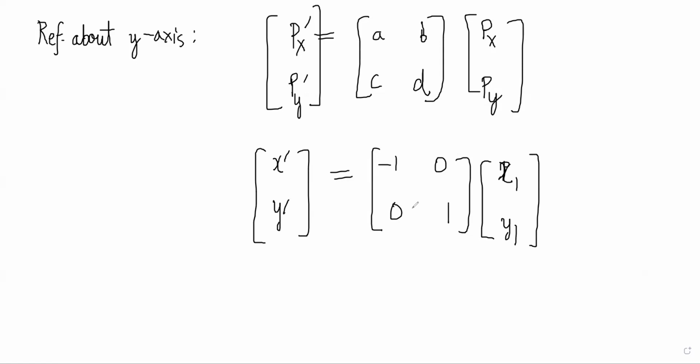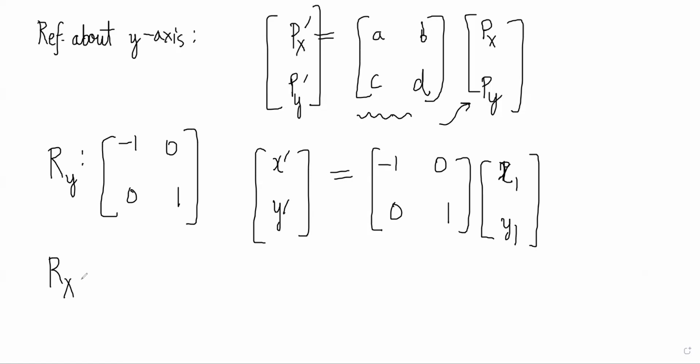I accidentally multiplied the modified value with ABCD. You have to operate the matrix on the original coordinates, not on the modified ones. Reflection about the y-axis matrix is minus 1 0 0 1. Reflection about the x-axis matrix was 1 0 0 minus 1.